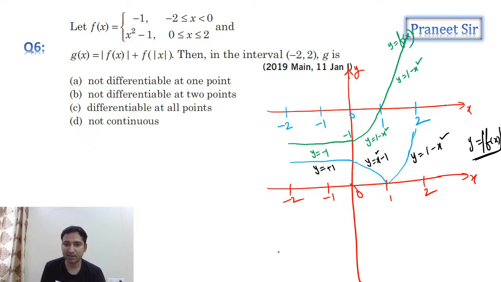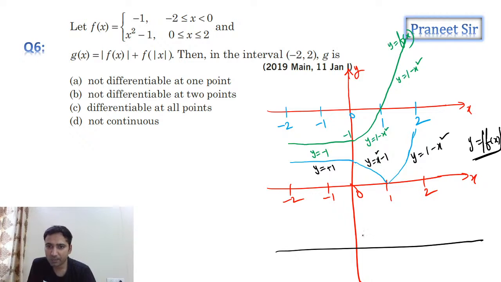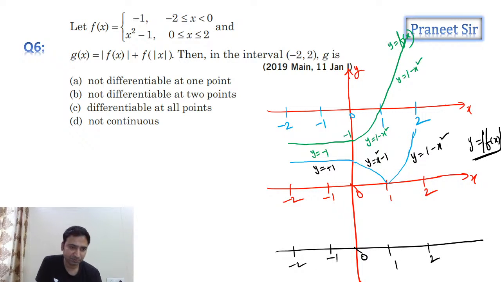Let me draw like this. The f of mod x graph. Minus 1, minus 2, 0, 1, 2. The f of mod x graph is whatever is there in f of x on the right hand side; the left hand side is the same.